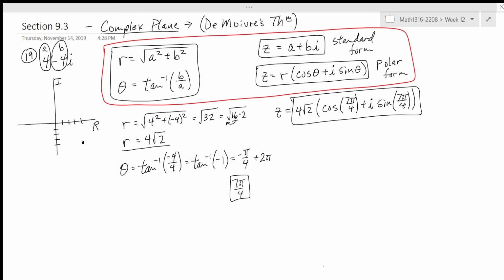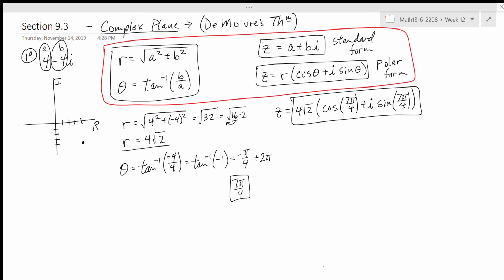Now, how many of y'all have the nice calculator, the Casio that I recommended? Okay, so what I'd like you to do, really to practice your button pushes, but also to verify that I haven't lied to you, would you please input all of this stuff in the box? The 4 square root of 2, open parenthesis, cosine 7 pi over 4.